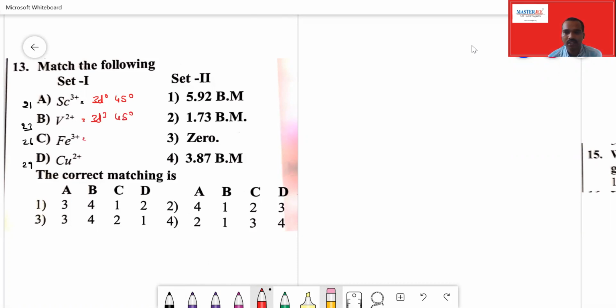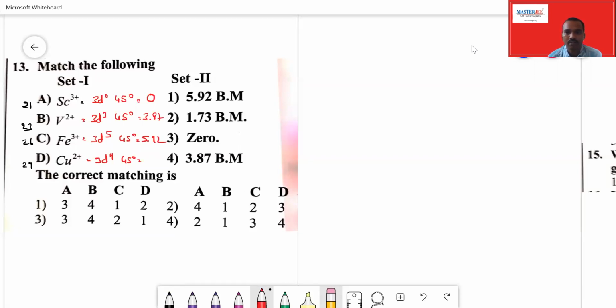Next, after losing these 3 electrons, iron is 3d5, 4s0. Cu²⁺ is 3d9, 4s0. Here, it will exhibit 0 as magnetic moment. This vanadium +2 will exhibit 3.87. Fe³⁺, so how many unpaired electrons? 3d5, so 5 unpaired electrons, √(5 into 5 plus 2), means √35. Okay, 5.92.